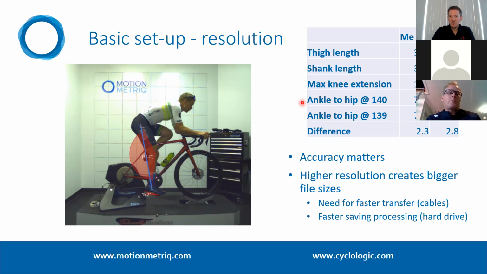So we've got some examples here of my thigh and shank lengths, and then this is a fit customer I had last year. I've given them the knee extension exactly the same. So this angle in here is 140 degrees, and then this distance here is basically that blue line.